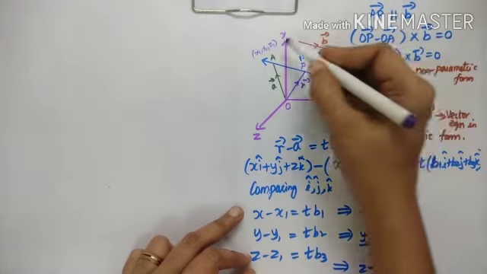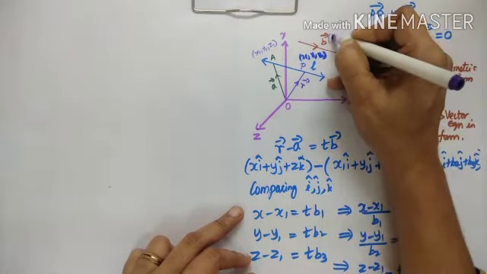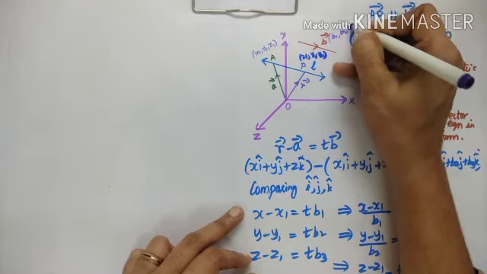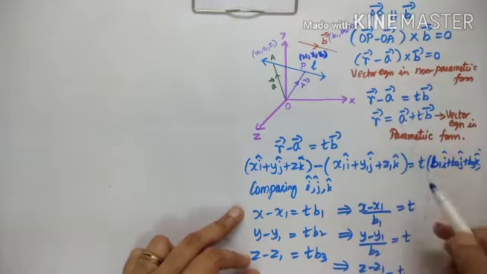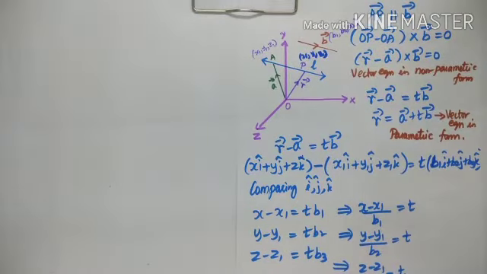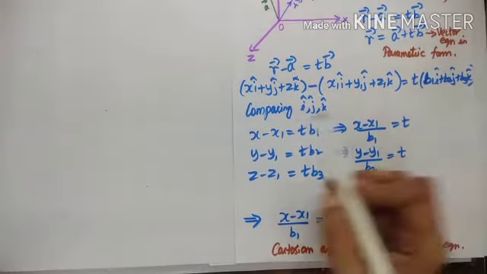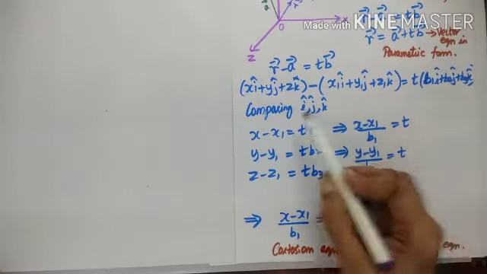B is a parallel vector. For that also we give the components B1, B2, B3. So how to write B vector? B1i plus B2j plus B3k. As I substitute, let me compare. Compare what? i, j, k in both the sides.